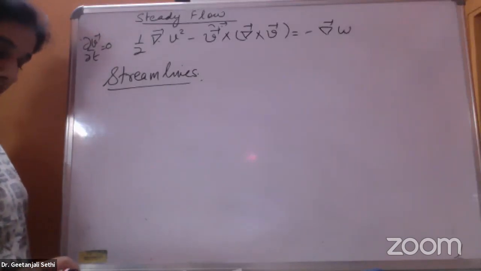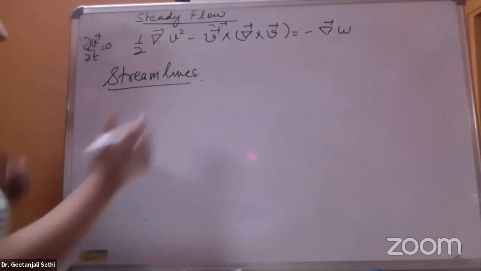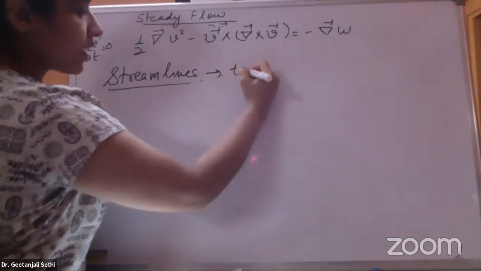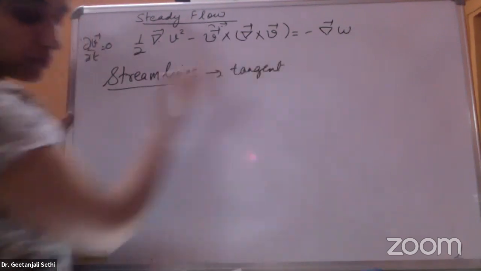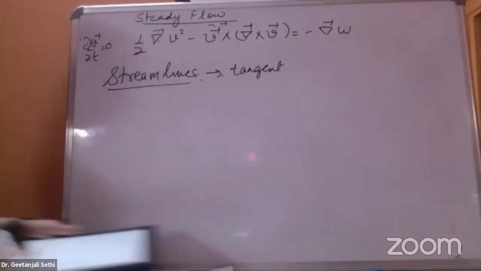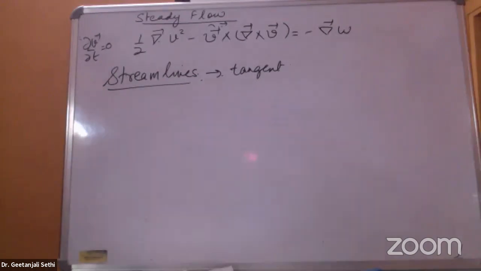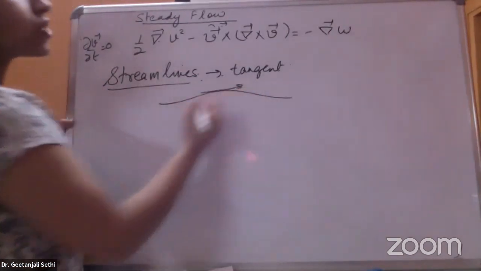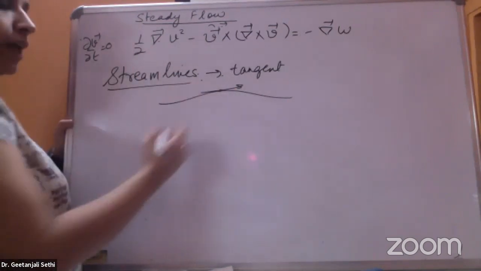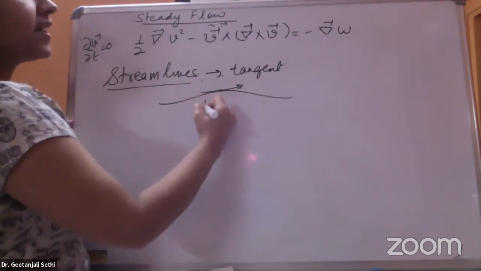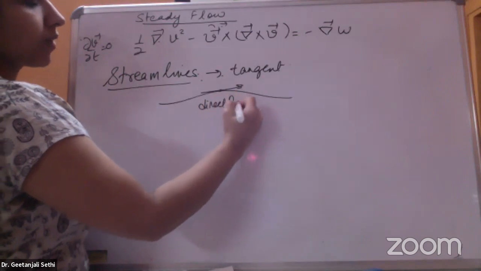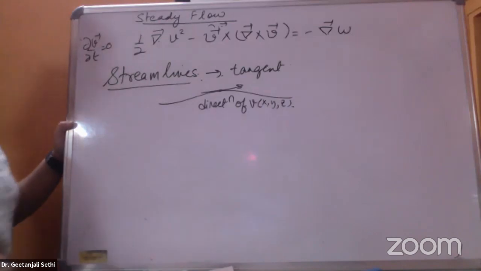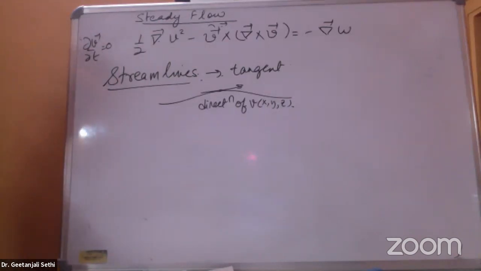Now, what is a streamline? Streamline is something that, if I represent my field by a streamline, then a tangent to my streamline at any point actually gives me the direction of velocity of the fluid at that point, right?